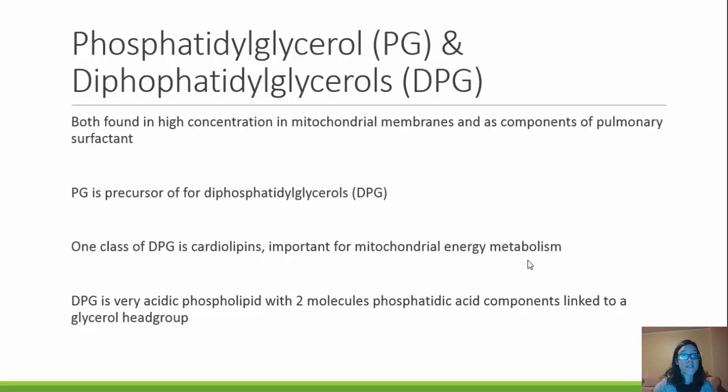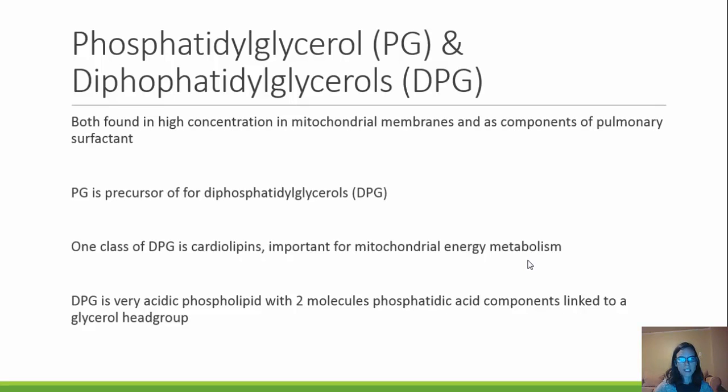We also have phosphatidylglycerol and diphosphatidylglycerols. Both are found in high concentrations in mitochondrial membranes and also as components of pulmonary surfactant with the PC. Phosphatidylglycerol is a precursor for diphosphatidylglycerol, and one type of diphosphatidylglycerol is cardiolipins.